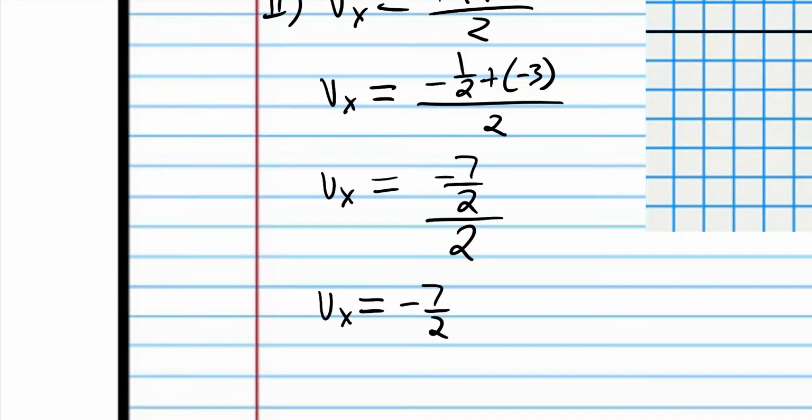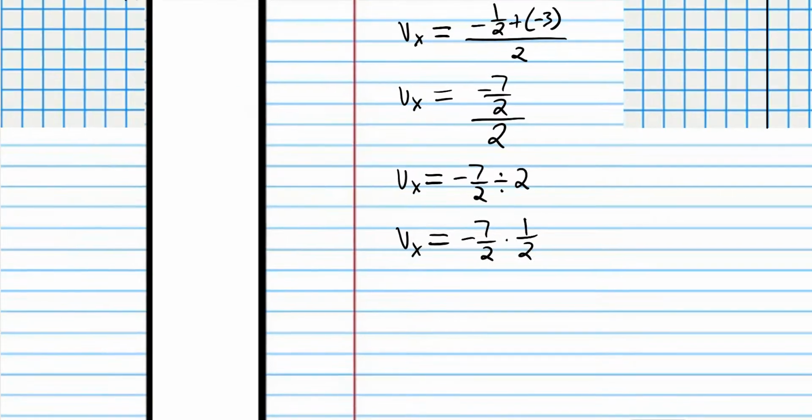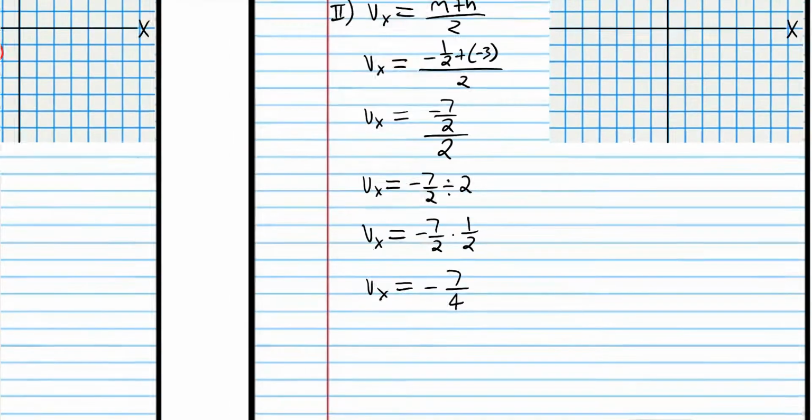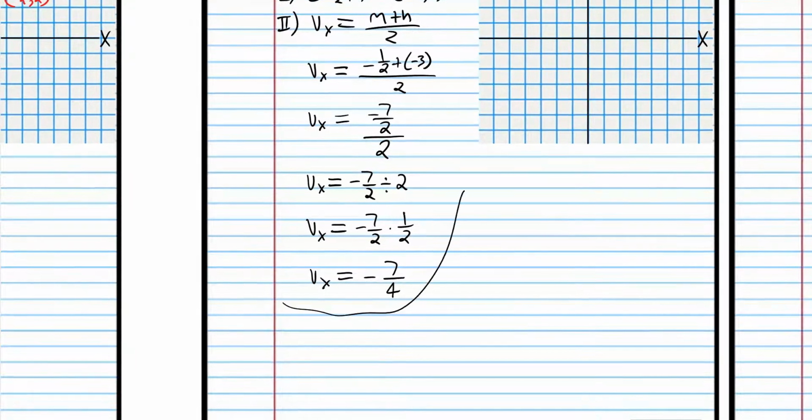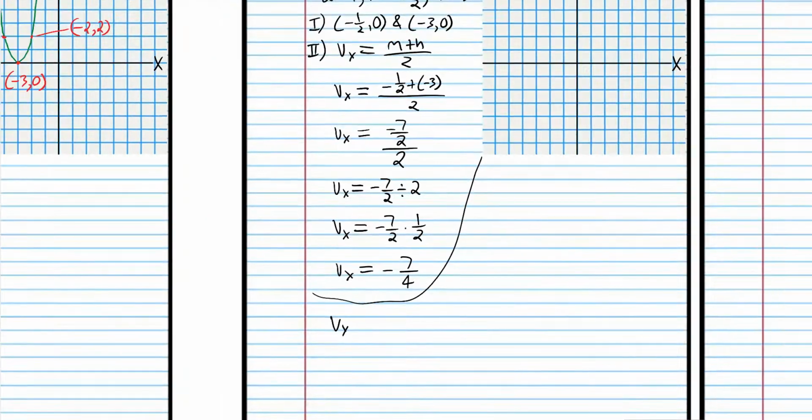And remember, this means division, so now we have negative 7/2 divided by 2. But remember, whenever you're dividing anything relating to fractions, you just keep the dividend and you change to multiplication and flip the divisor and multiply straight across. 7 times 1 is 7, and 2 times 2 is 4. So the x value of the vertex is negative 7/4, and now I want to find the y value of the vertex.